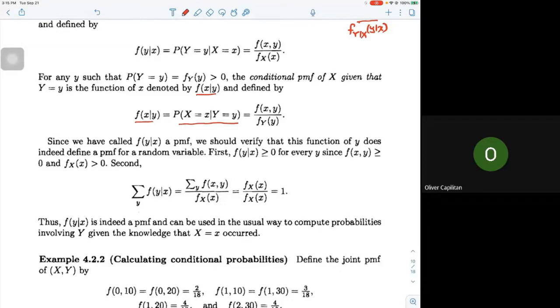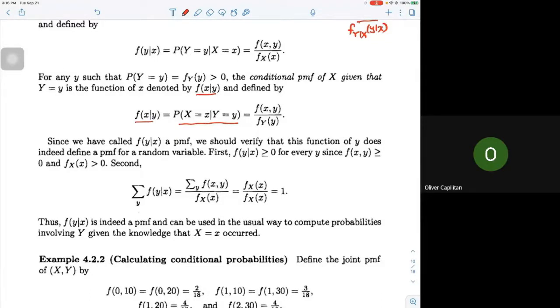And then this is non-negative for every y. It's because the joint PMF of X and Y is non-negative. At the same time, our marginal PMF of X is positive. So the conditional PMF of Y given X is non-negative for every y.